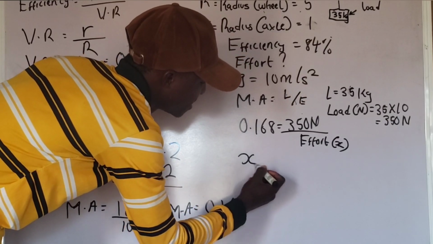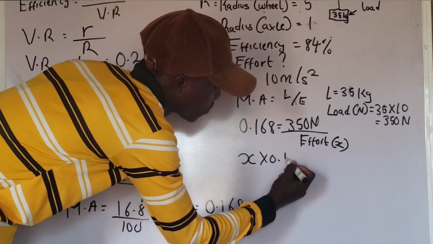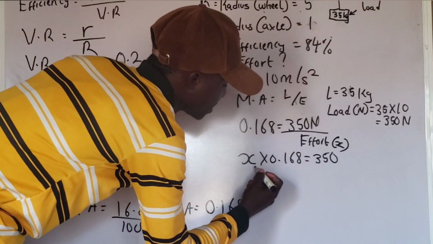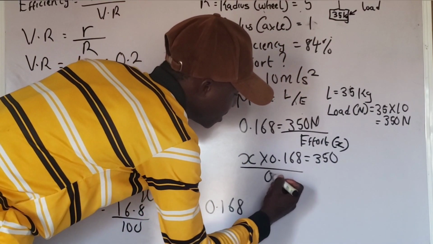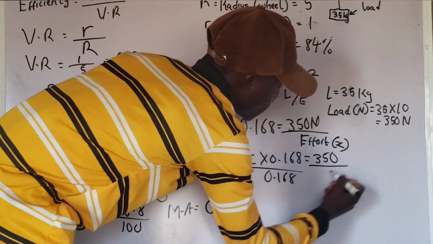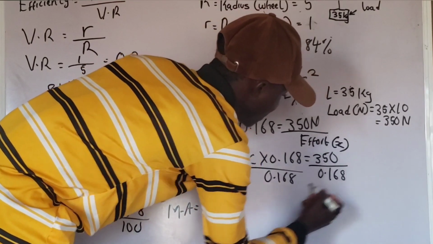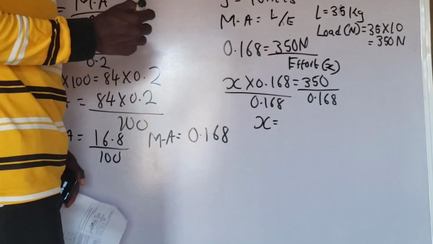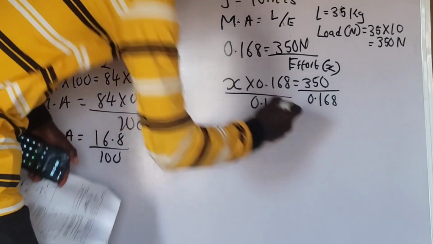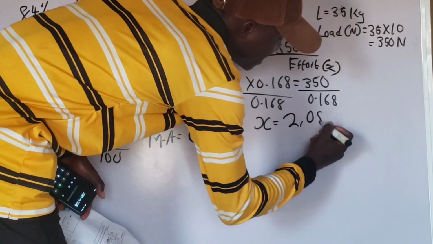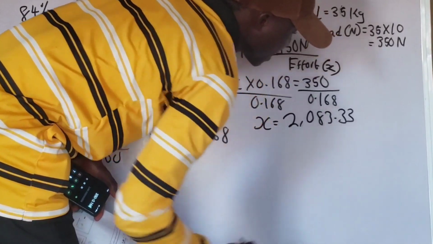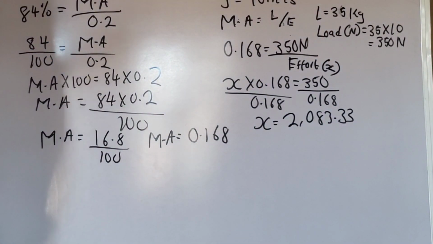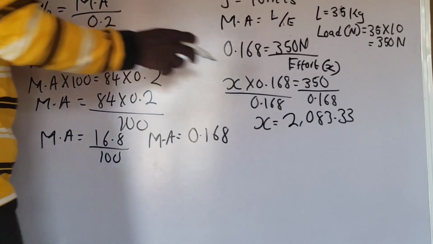So x multiplied by 0.168 equals 350. Divide both sides by 0.168. So x equals 350 divided by 0.168. That will give us 2083.33, because the decimal is recurring, so let us leave it at 2 decimal places.